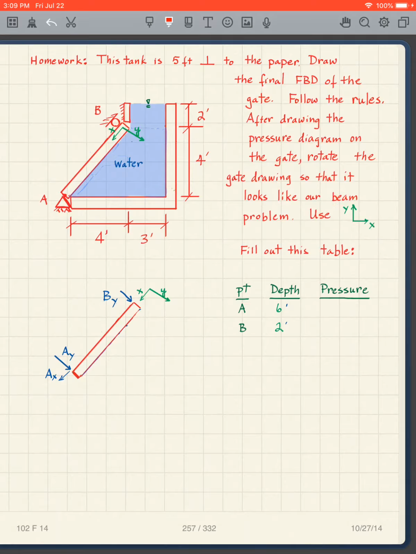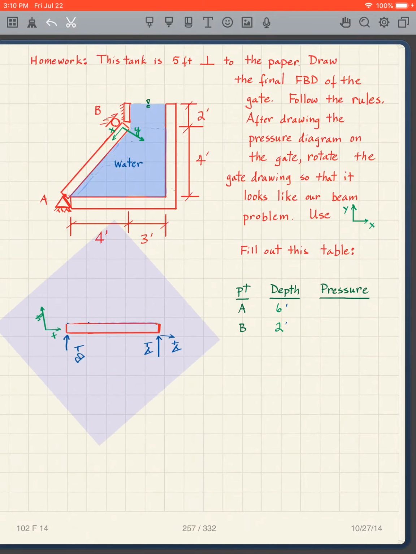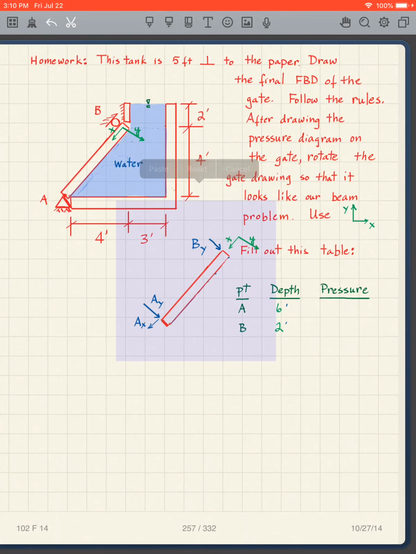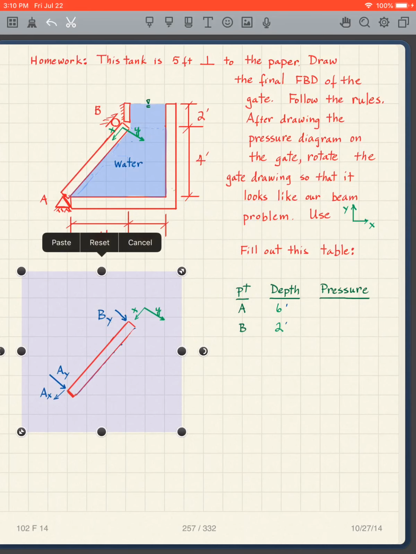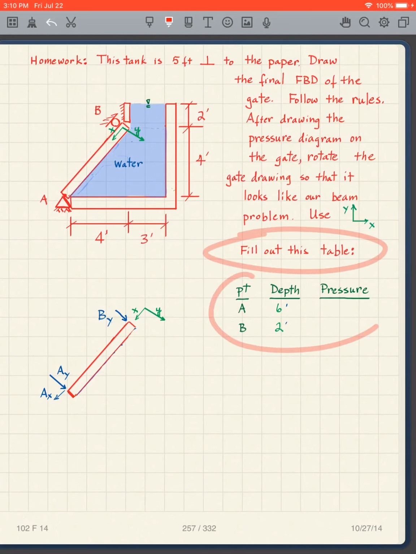So in other words, you're basically going to flip it like that, so that it looks like our beam problem. So that's what I want you to do. And follow the rules, which means I want you to fill out this table right here.